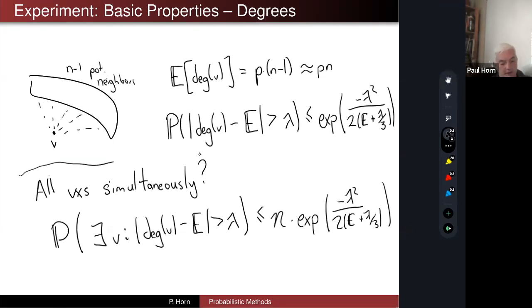And what this extra factor of n is making me do is add an extra factor of kind of a log n here. And if I do that, and I add a large enough constant, when I work it all out, this e to the minus log n will beat this n.